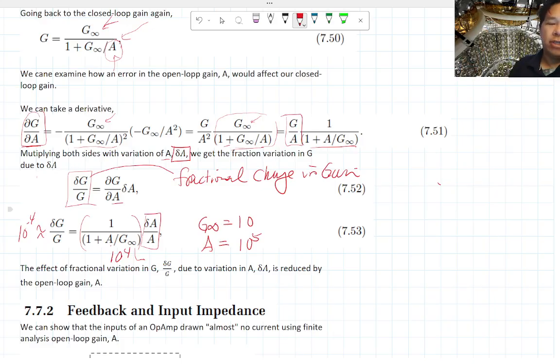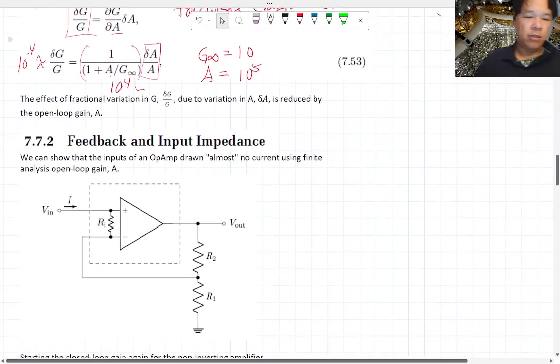So it's still very small. That's the goal of this section, to prove to you that by using negative feedback in an operational amplifier, you really remove this dependency on the open loop gain, which is dependent on the beta function of the transistors you're using.